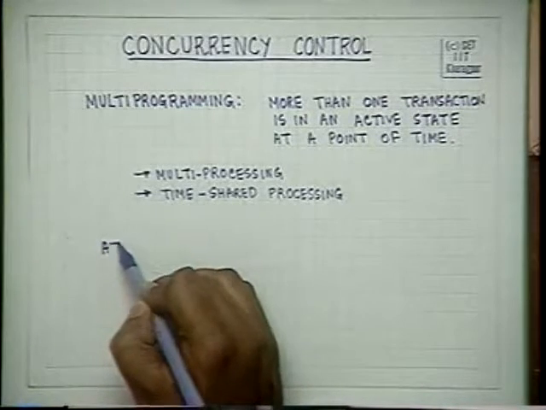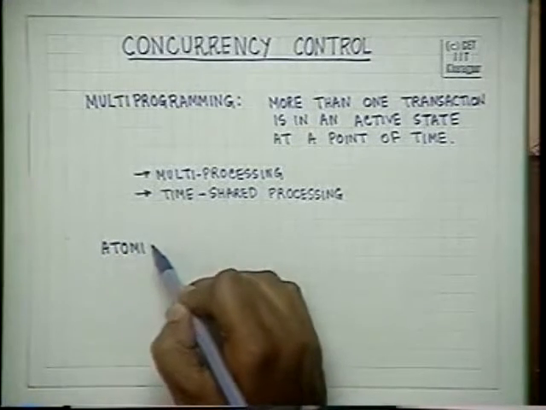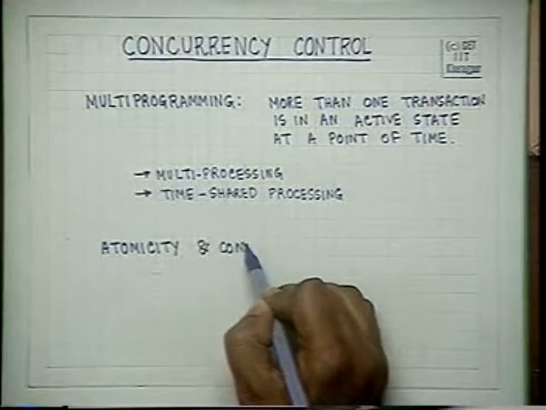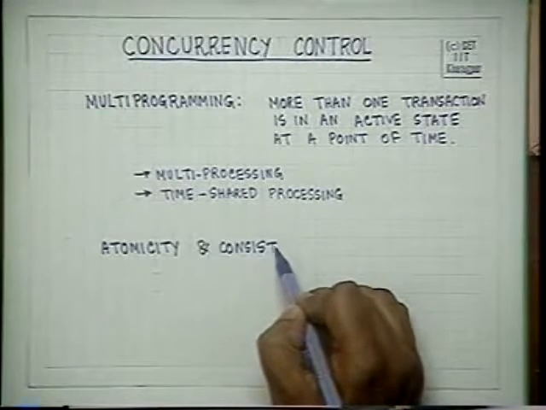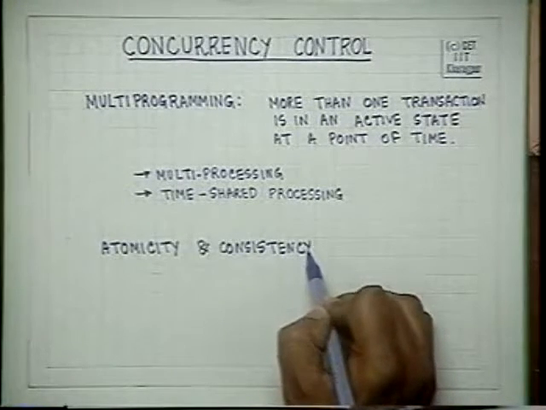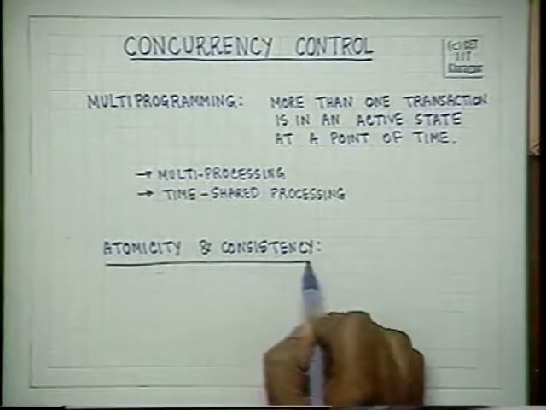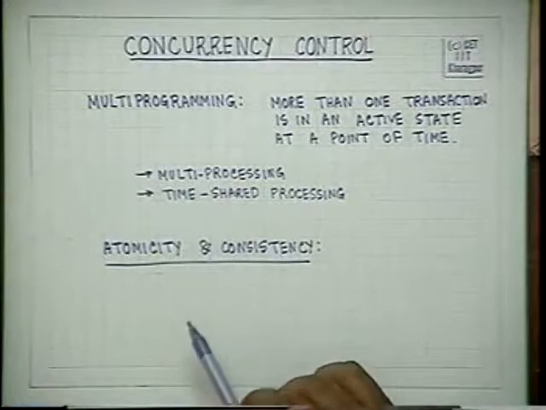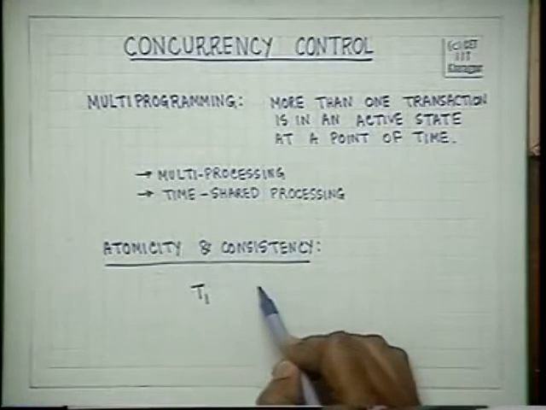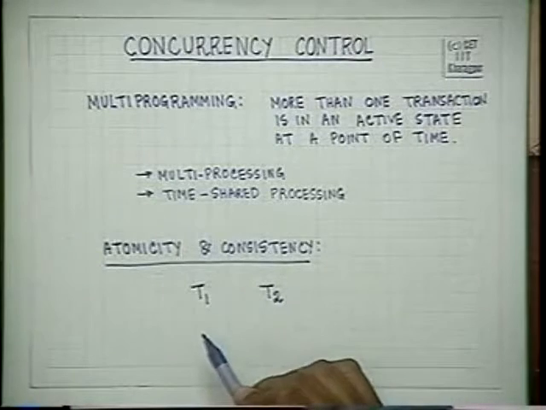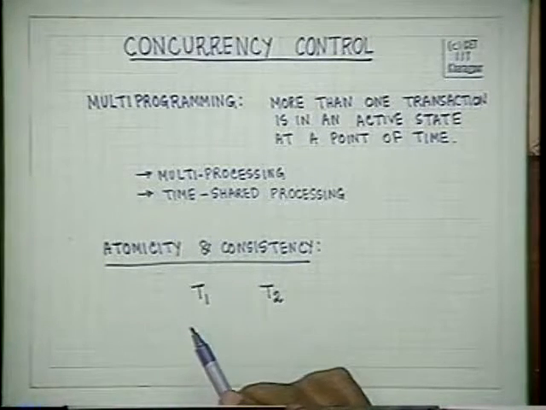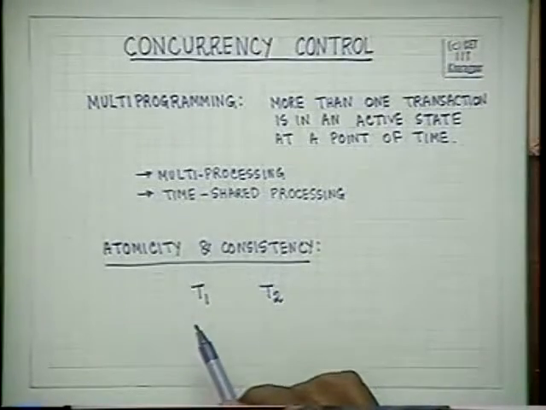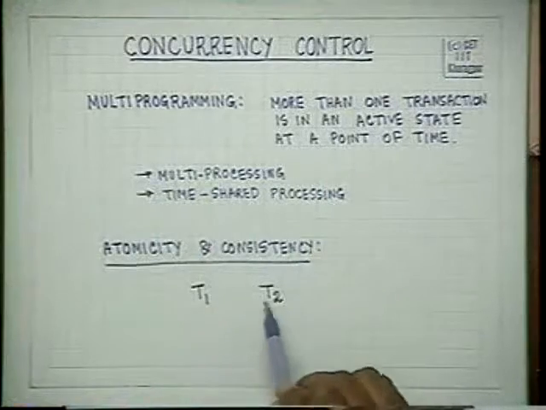So, the first issue is that if we have two transactions T1 and T2 and they access totally different pieces of data, they do not access the same data, then there is no problem in executing them concurrently.